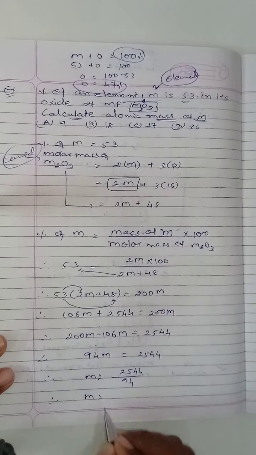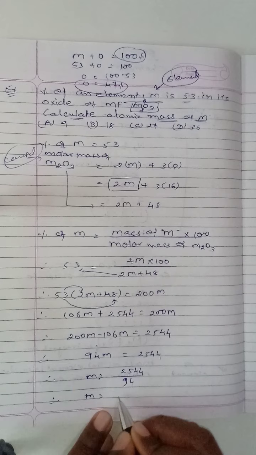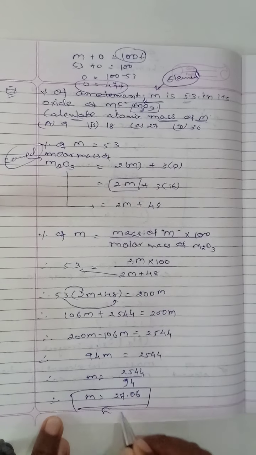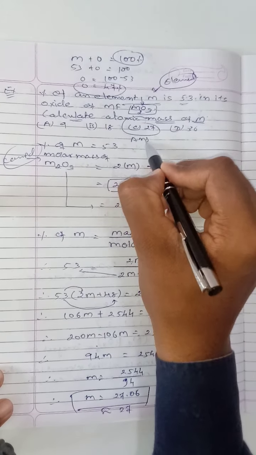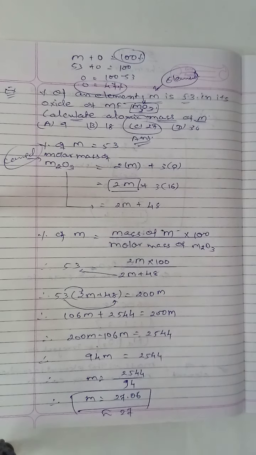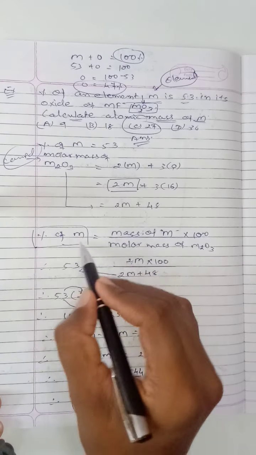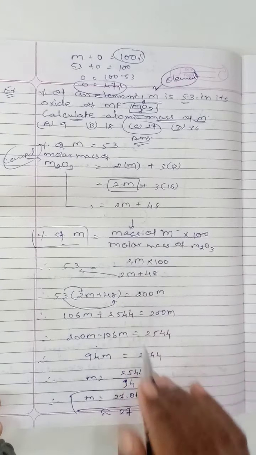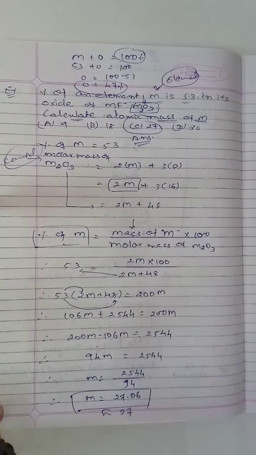Therefore M equals 27.06. It is nearly about 27, so our answer will be 27. So from this data, percentage of M or any element, we can find the atomic mass of any element. Okay, let's see another example.